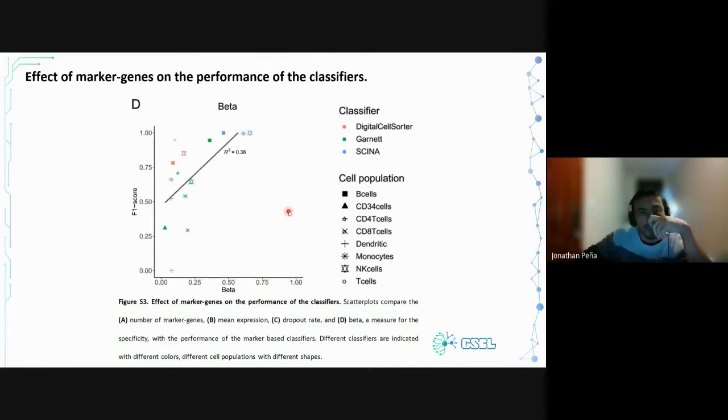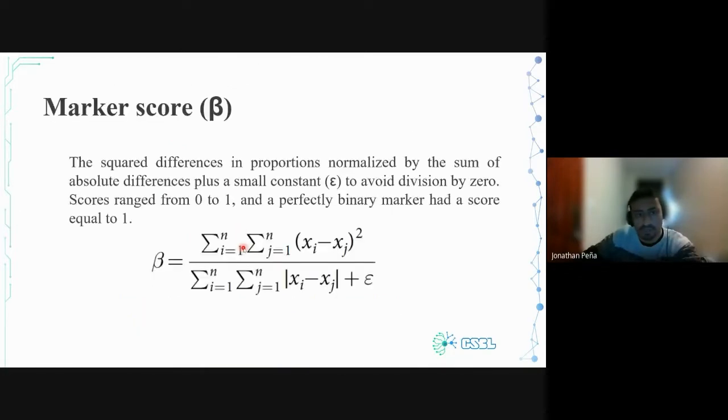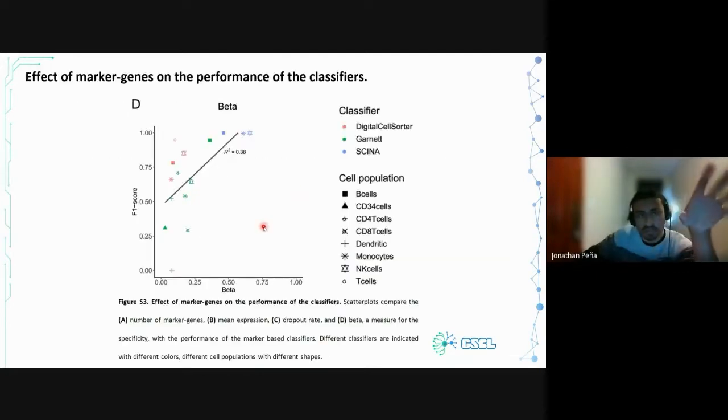They use a value beta. The paper didn't explain what this value beta is, but I searched in another paper, and I found that it is a value calculated for the proportion and the expression of the marker.